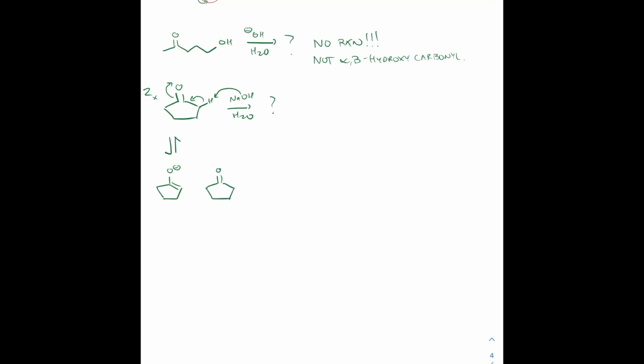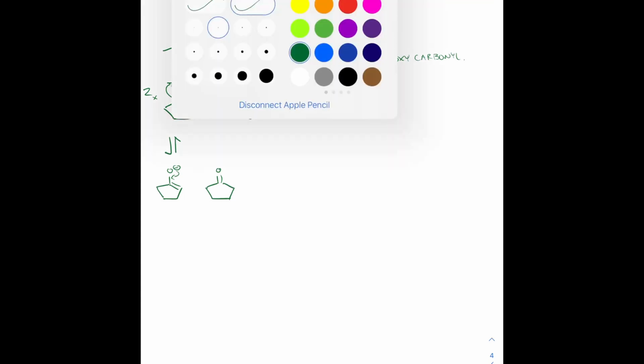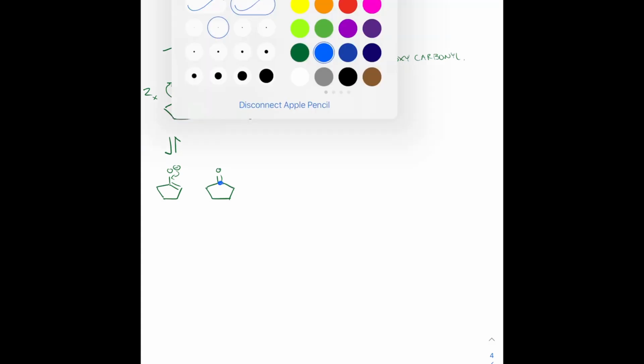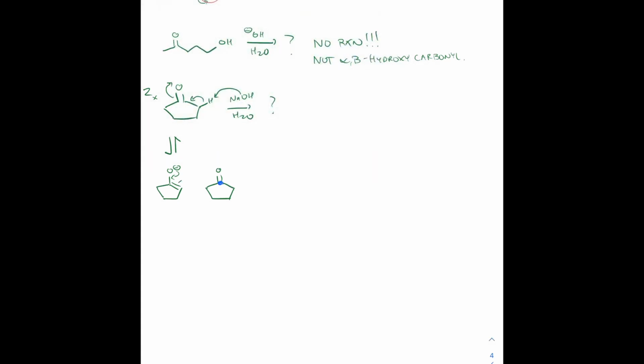That enolate is the nucleophile, and the carbonyls are the electrophile. And so that nucleophilic enolate is going to attack the highlighted blue carbon of the carbonyl, and we will ultimately break that carbon-oxygen double bond and protonate that to form the beta hydroxycarbonyl.